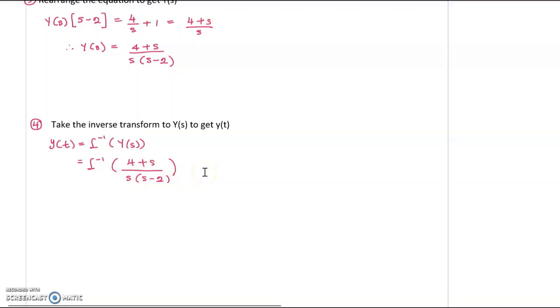So 4 plus s over s times s minus 2 actually can be mapped to the partial fraction that we have in the previous subsection. So by the partial fraction, we know that 4 plus s over s(s minus 2) can be written in the form of a over s plus b over s minus 2.